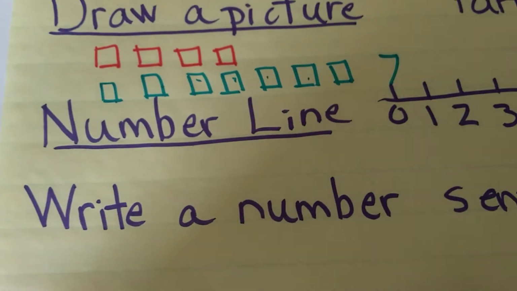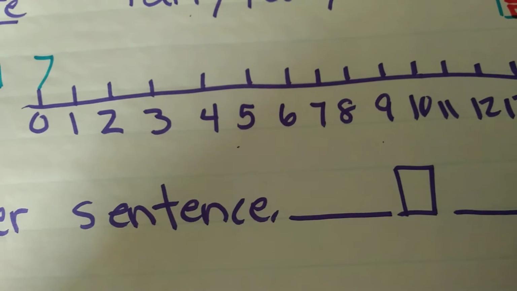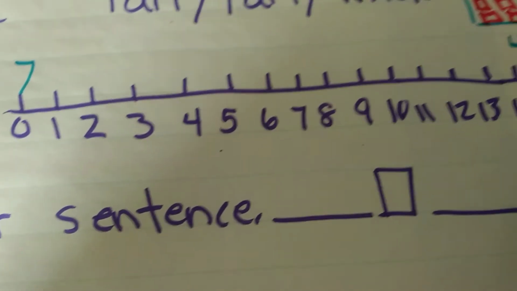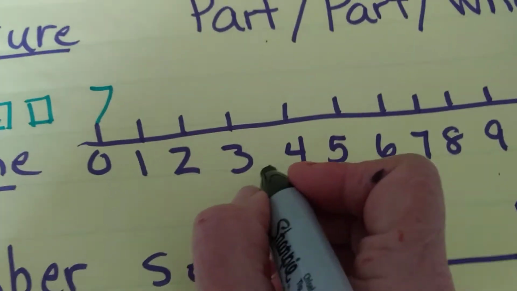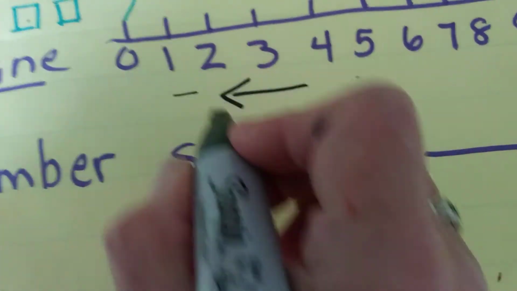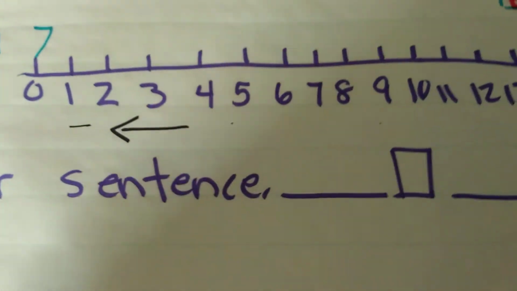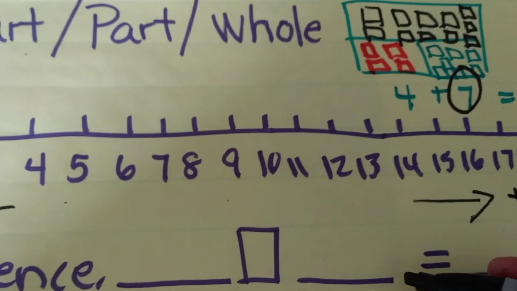Let's start and use our number line. Remember, on our number line, if we count this way, we are adding. If we count this way, we are subtracting. So let's see what we have to do. We had 11 toys, right?